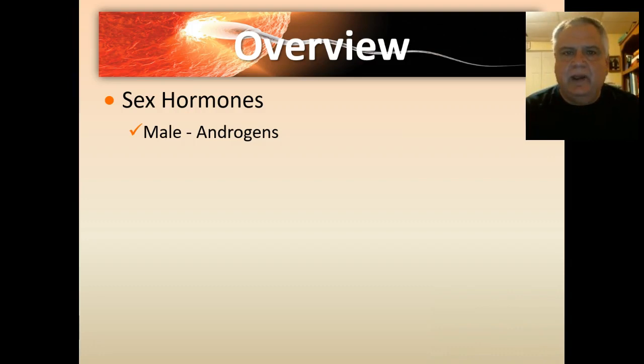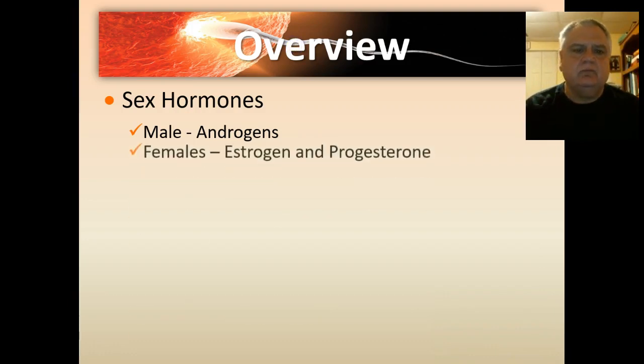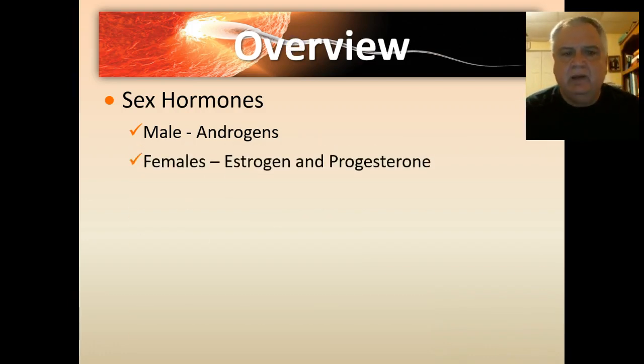When we talk about androgens, the main androgen we talk about is testosterone. There are other androgens, but those androgens are oftentimes referred to as prohormones because they lead to the production of testosterone. So testosterone is the main male androgen.